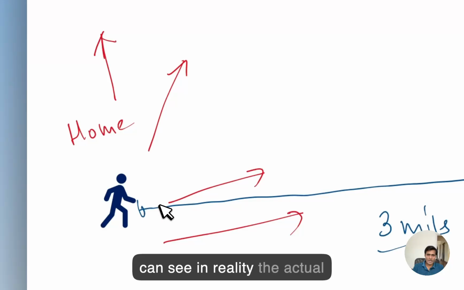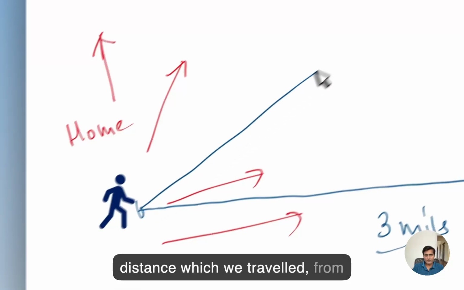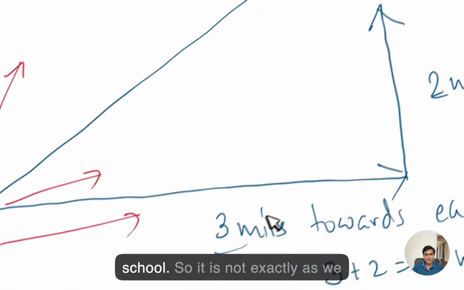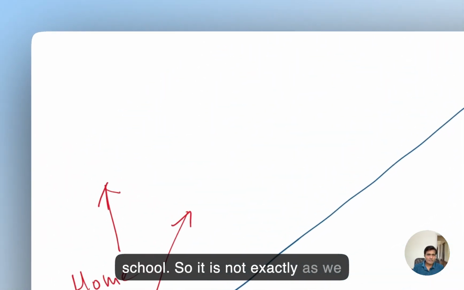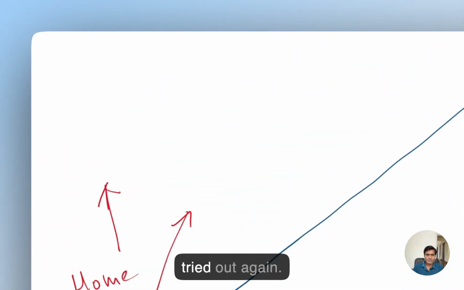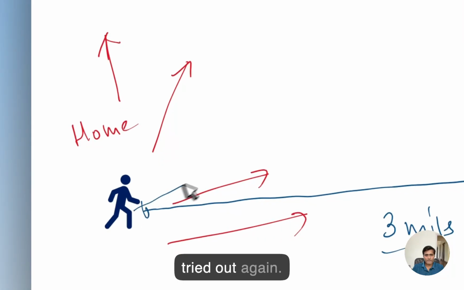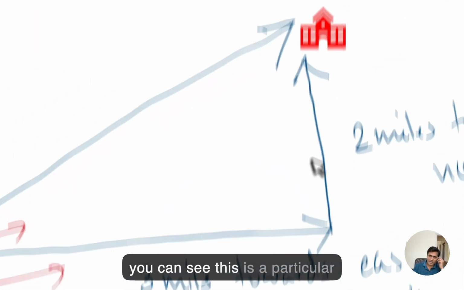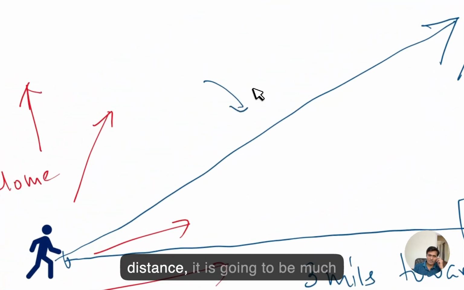But you can see that in reality, the actual distance between the two points was from here to here, from this point to the school. As you can see, this is the Pythagoras theorem. We can apply it, and this distance is going to be much smaller.